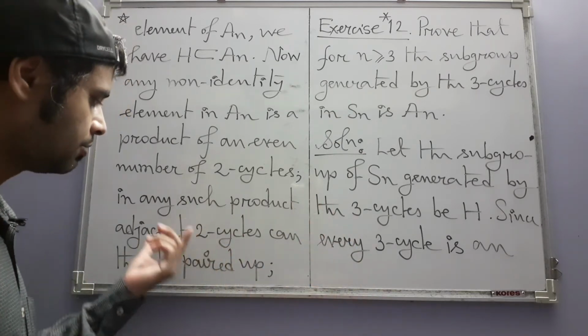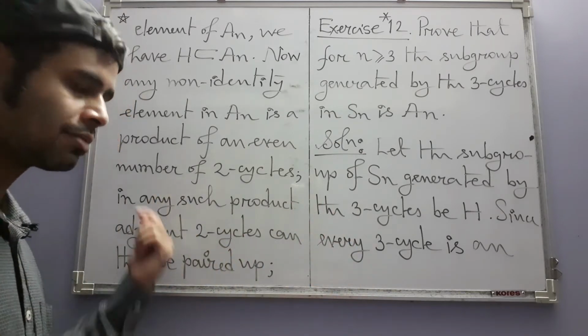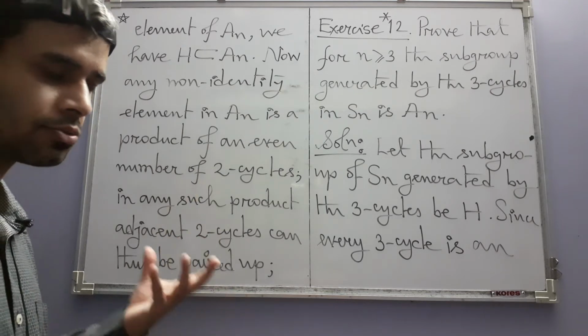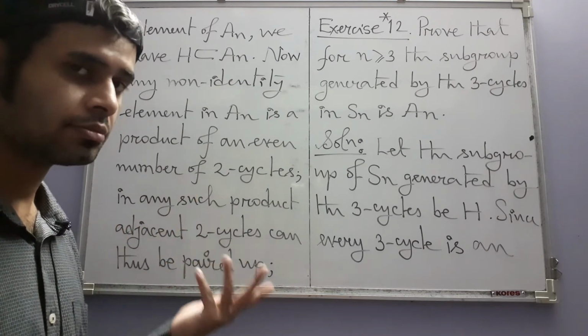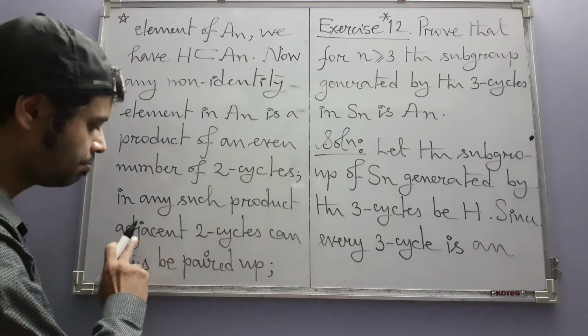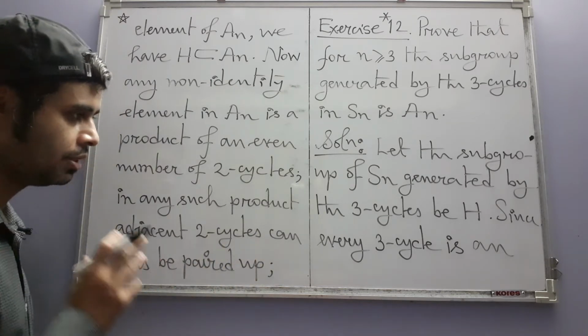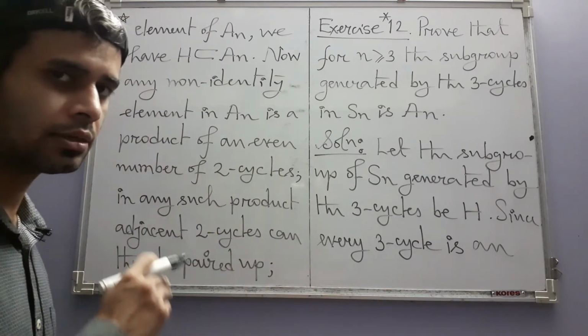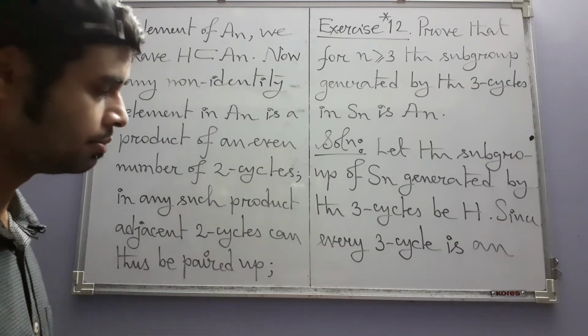First you consider the first one, and then you consider the next one, you consider them together. That is, you pair up all the things, and they will be paired up like that because the number of them is even.